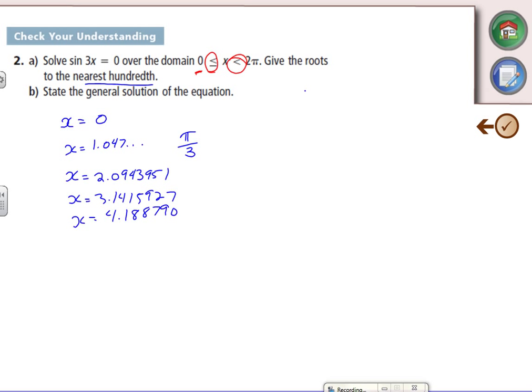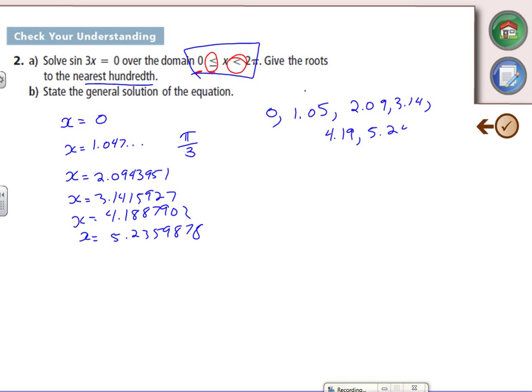There's your 6 answers in this domain. To the hundredth, you get 0, 1.05, 2.09, 3.14, 4.19, and 5.24. General solution.